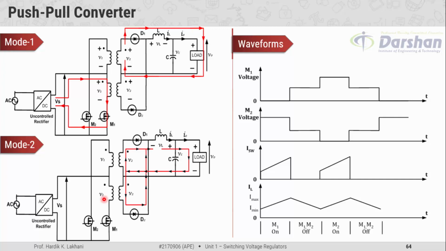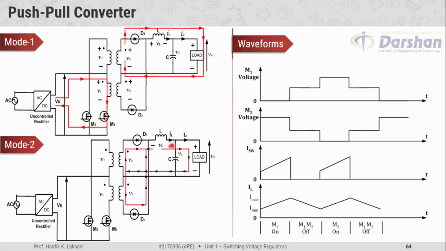But we know that as the switching action takes place, the polarity across the inductive element gets reversed. So here the right side terminal has become positive and the left side terminal has become negative. Because of that, both diodes D1 and D2 will come into operation.